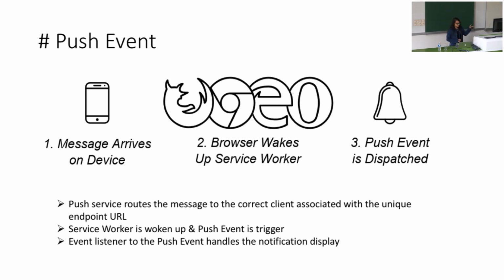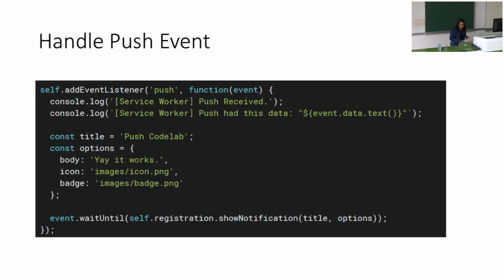The service worker is woken up once the message is received at the client side and the push event is triggered, and we can add an event listener to the push event where you can select how you want to notify the user using the registration.showNotification. So this is how the entire workflow of push notification works.